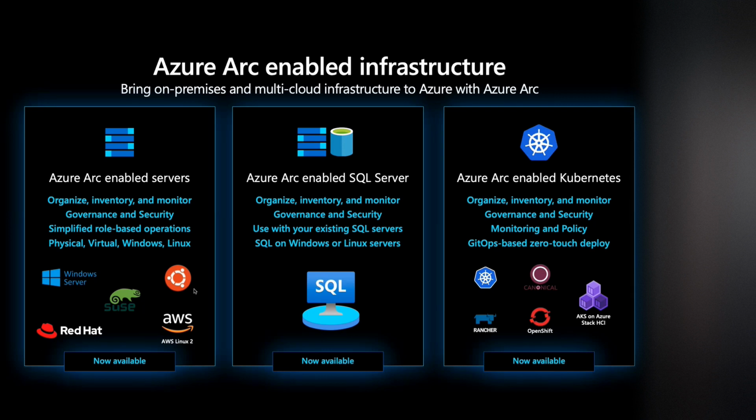Once Azure is aware of them, they can actually start providing the same kind of management, monitoring, governance capabilities that you have in Azure today, right? Although they are running outside of Azure, you could actually project them into Azure, and as soon as they're projected into Azure, we can do all sorts of governance, compliance, tagging, policy management, and all those things. We can do that for you, right?